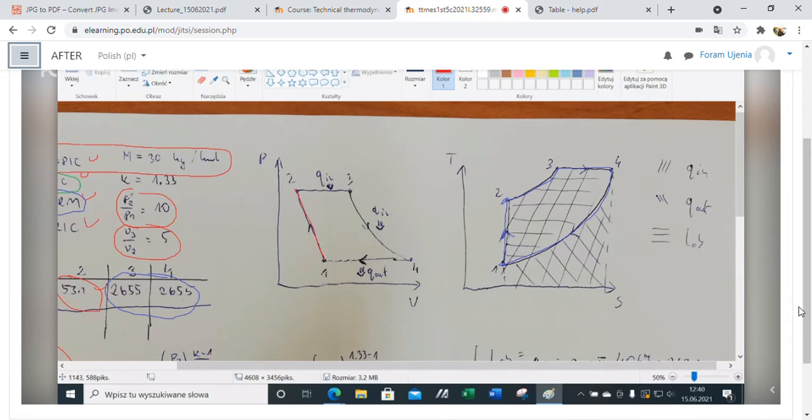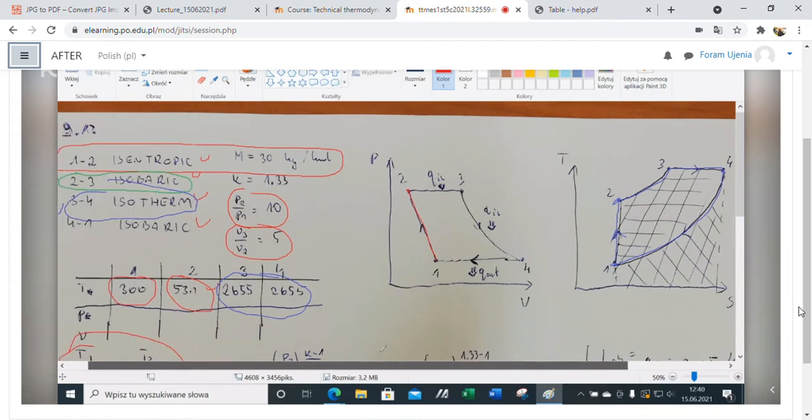Look, P2 to P1 is 10. Okay? What does it mean? That the pressure 2 is 10 P1. Okay? It has to be greater. Then we know that between 2 and 3 we have isobaric process.